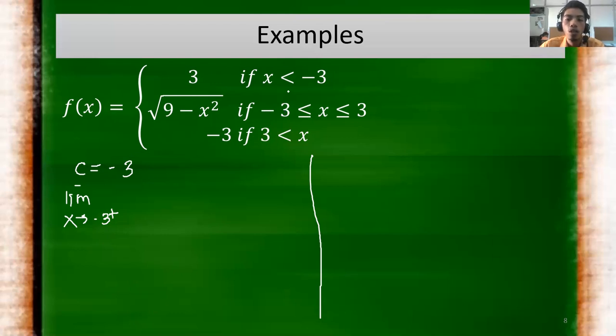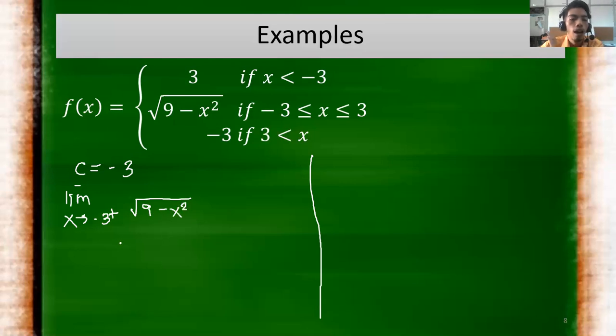Again, so ang meron lang namang negative 3 ay first function and second function. Since ang first function natin ay less than, hindi greater than, yung pangalawa ang understood na pipiliin natin na function. So we will have the square root of 9 minus x squared.